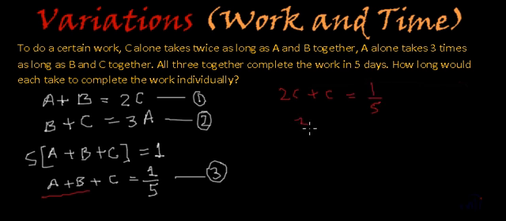That means 3C equals 1/5 and C equals 1/15, right? So the working capacity of C is 1/15. That means C is able to complete 1/15th of the job in 1 day. So to complete the job, he will take 15 days.